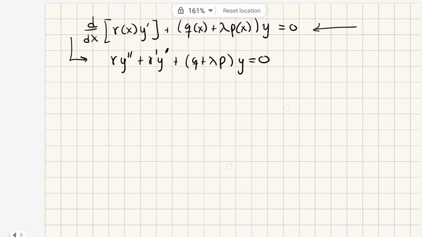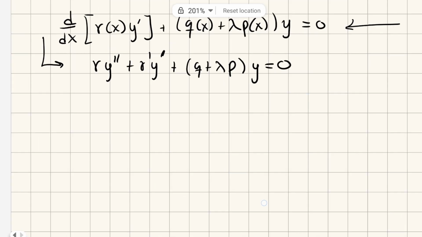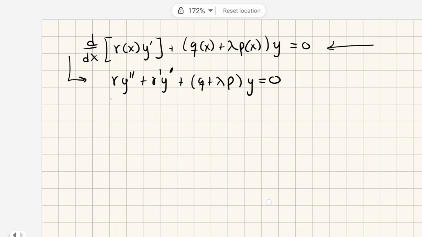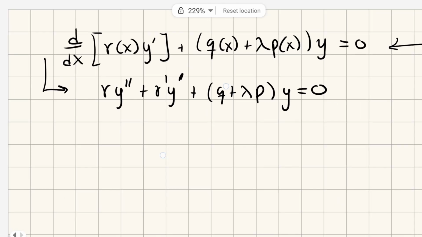And you may think that, looking at the r y double prime and r prime y prime, this is going to lead us to say that only second order differential equations that have the coefficient of y prime equal to the derivative of the coefficient of y double prime are going to be of the Sturm-Liouville problem form. But you will see that that is not true.